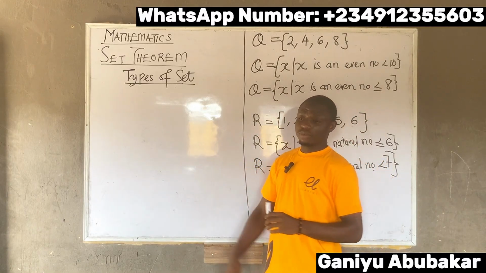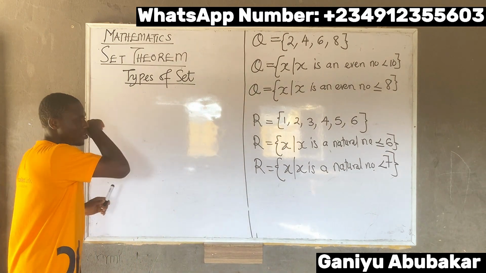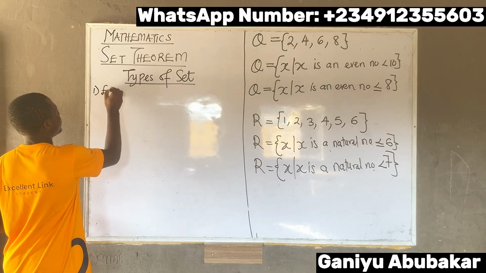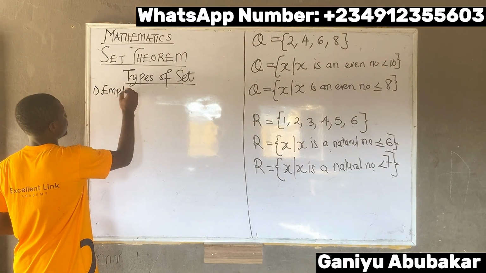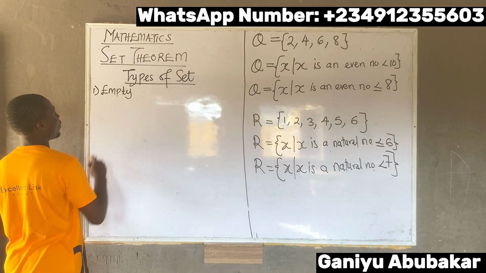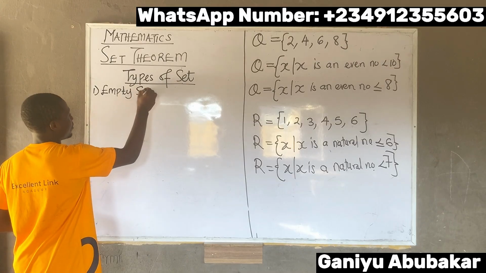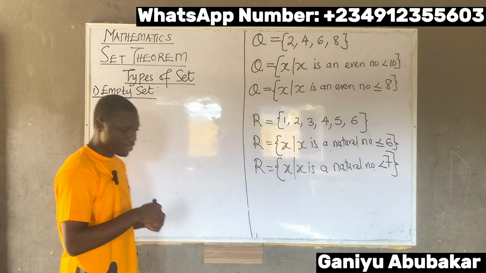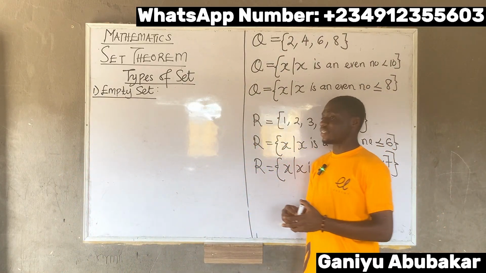So types of sets. Number one, I have the empty set. Let's start with an empty set, first things first.